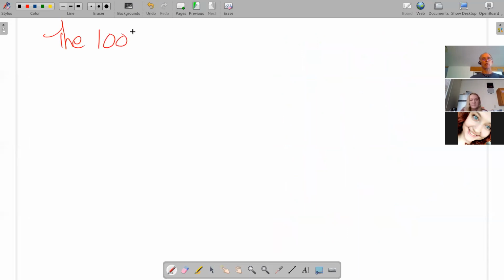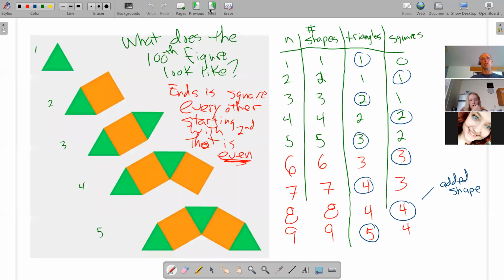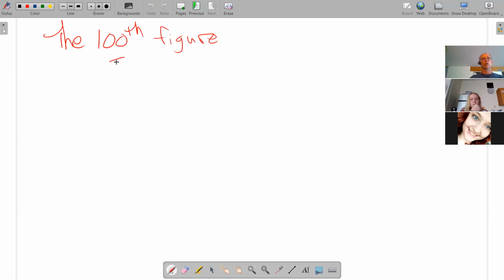The 100th, and I'm just going to sketch out my ideas here based on what you said and what we see there, the 100th figure. Now, all of them start with a triangle, so that's easy. I'm going to start with the easy part. Starts with a triangle.